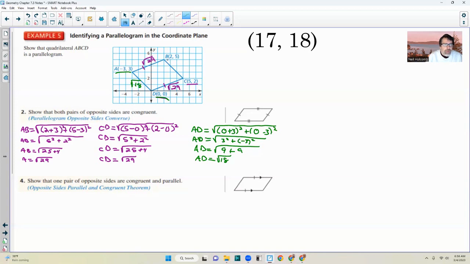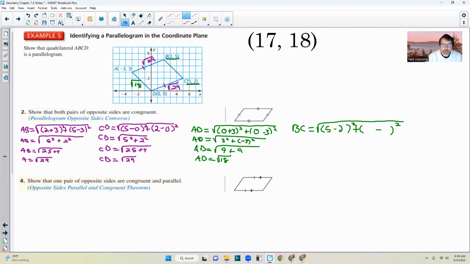And then finally, we're going to do BC. So BC equals the square root of, and I just do my formula and substitute in. So now we're doing BC. So let me erase all this. Okay, BC. X2, 5, X1, 2.